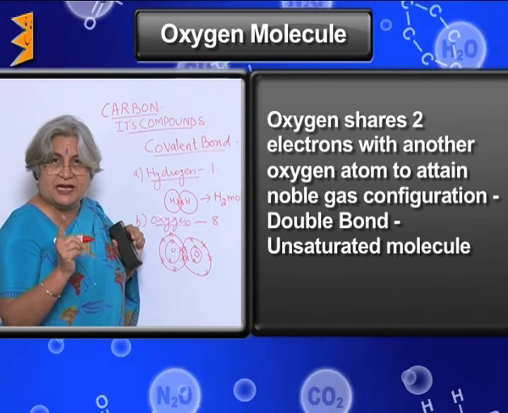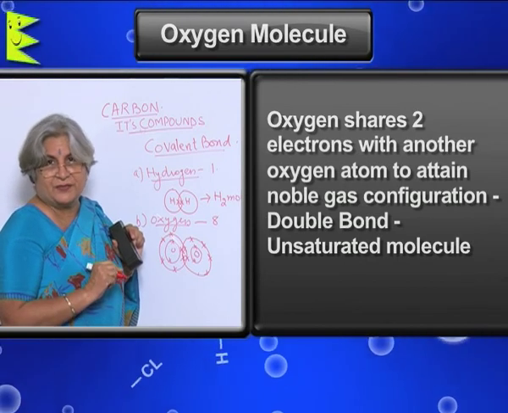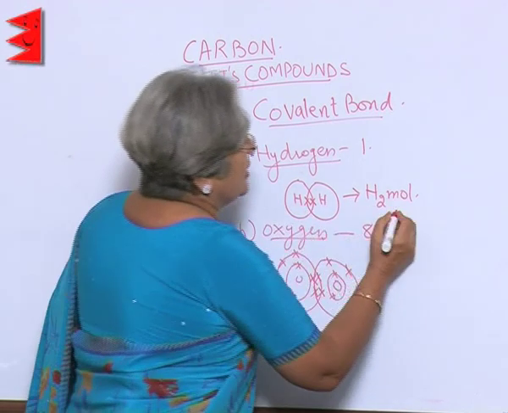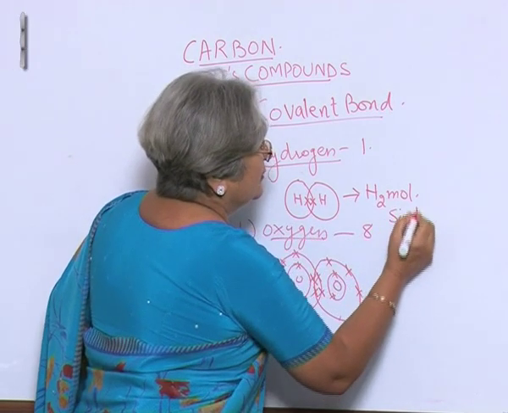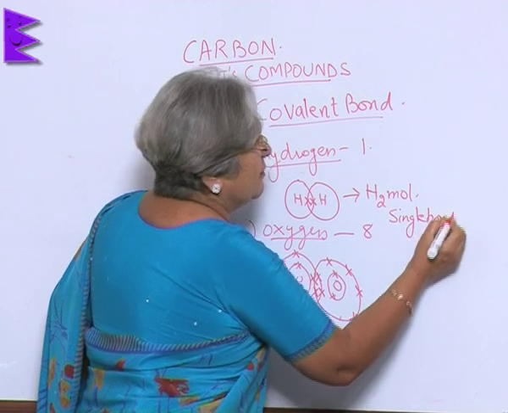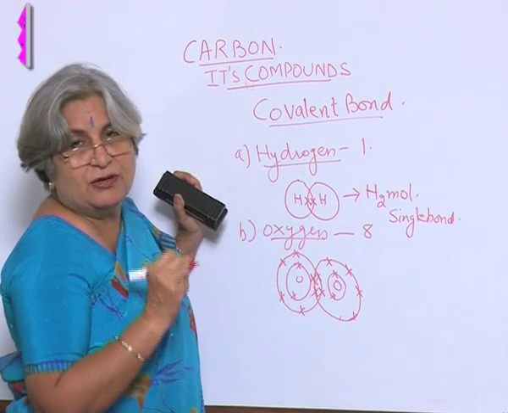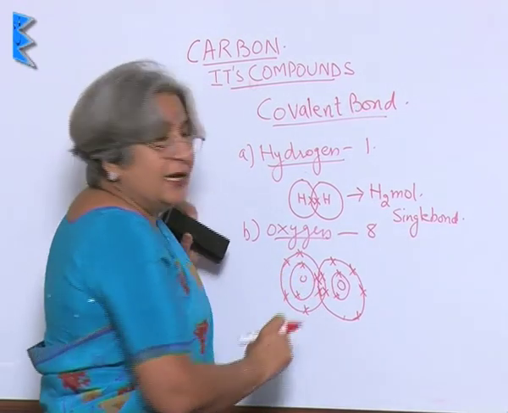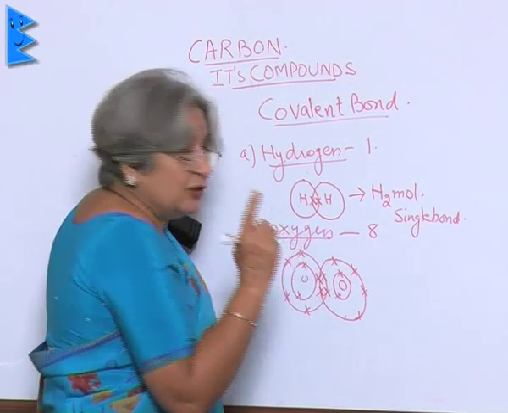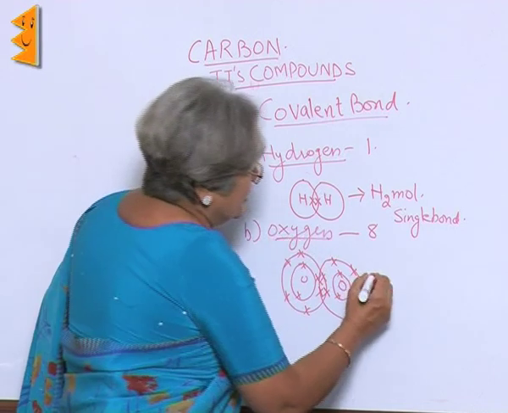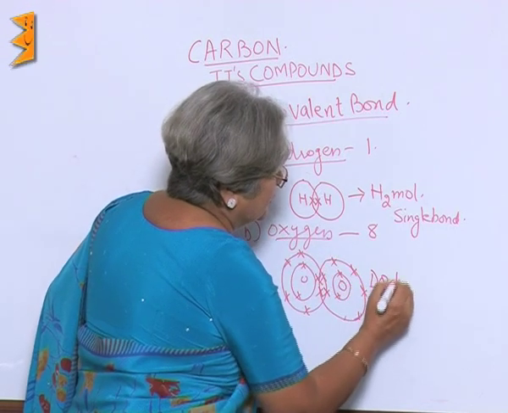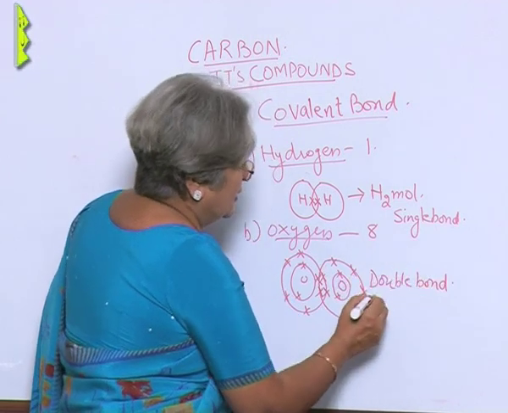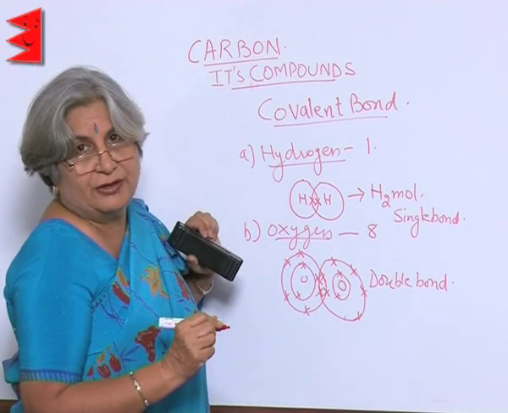That means now the sharing is between 2 electrons. So whenever there is sharing of 1 electron, it is called single bond, and the molecule is called saturated, that means fully satisfied. And when there are 2 electrons shared, then it is called double bond, and this is called an unsaturated molecule.